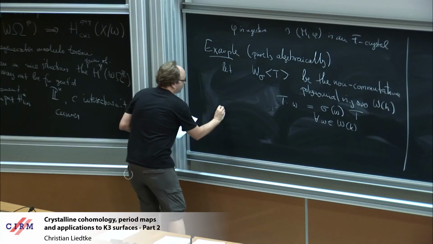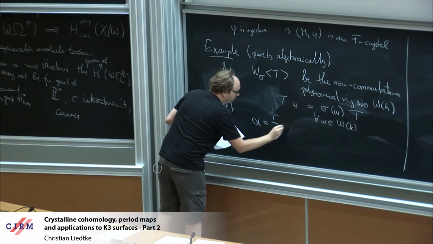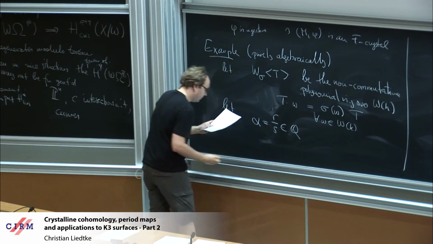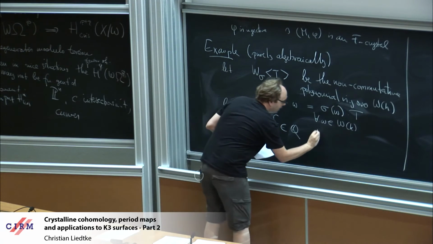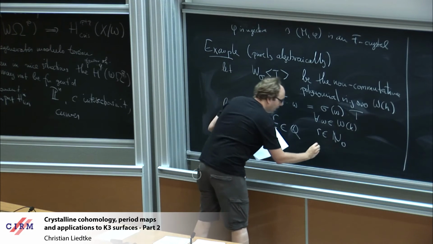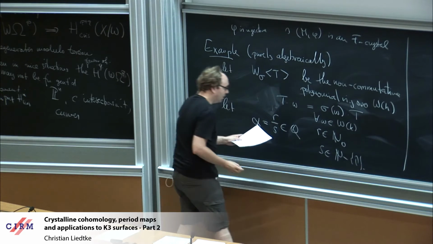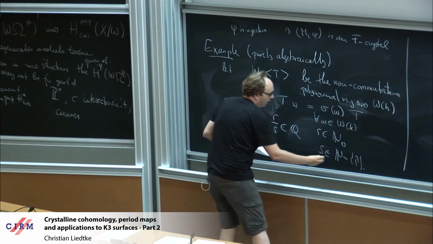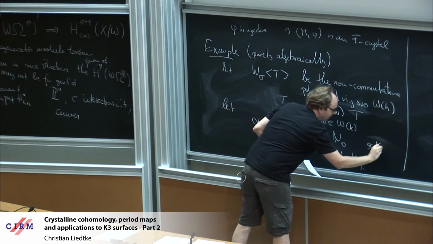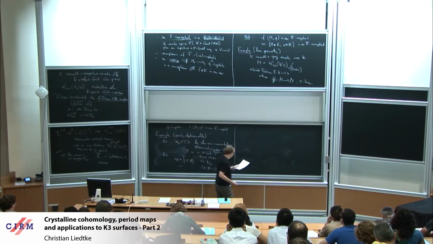And then I do the following. I take a rational number alpha equals r over s, such that r is a natural number including 0, s is a natural number not including 0, and I want that the GCD of r and s is equal to 1, so they're coprime.